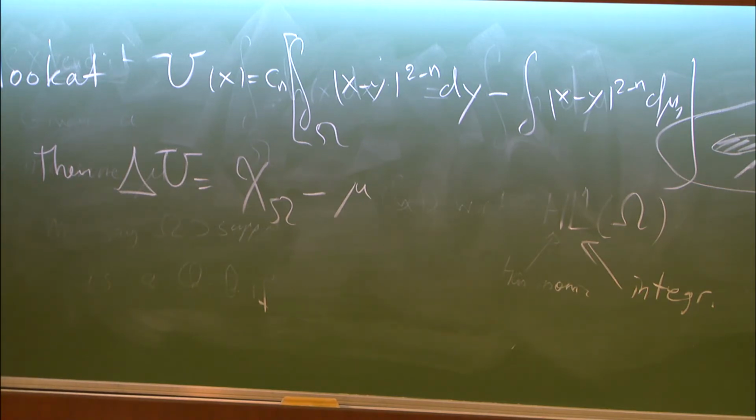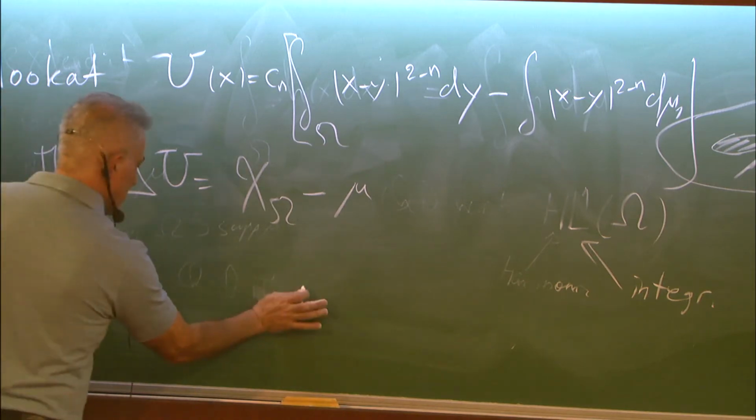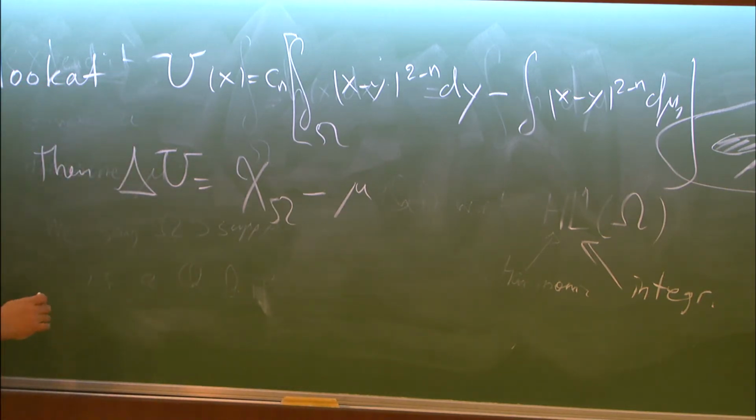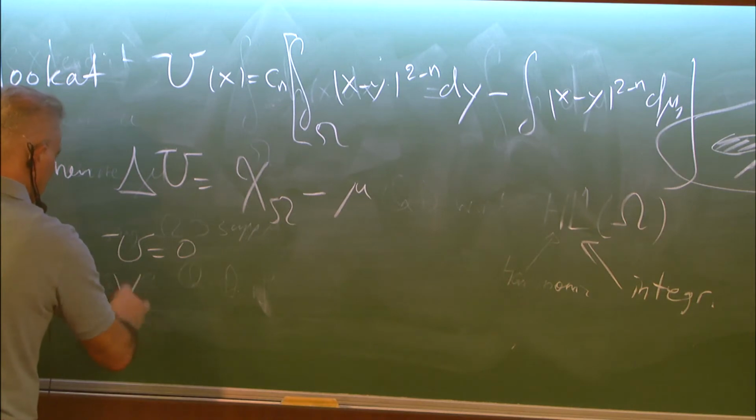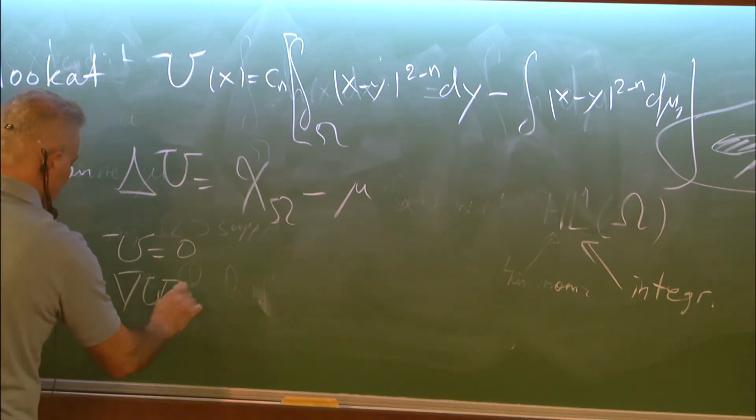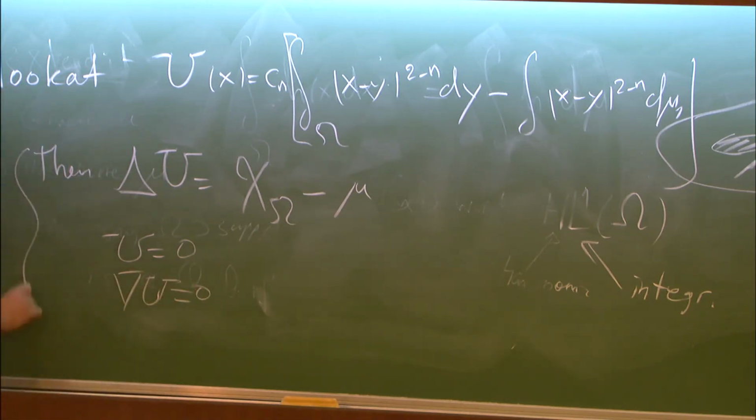It's just computational. You get this, and then because of this, once x goes to the boundary, x is not in omega anymore, then u is going to be 0, and also the gradient of u, we can prove, is going to be 0.